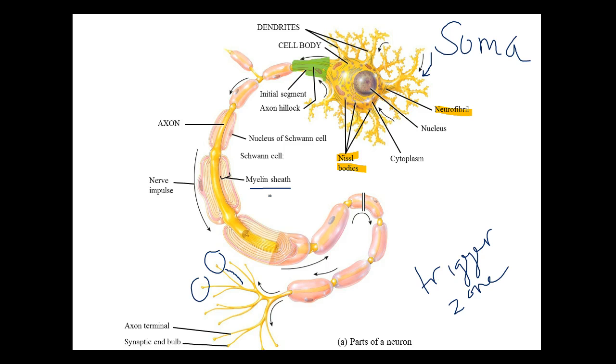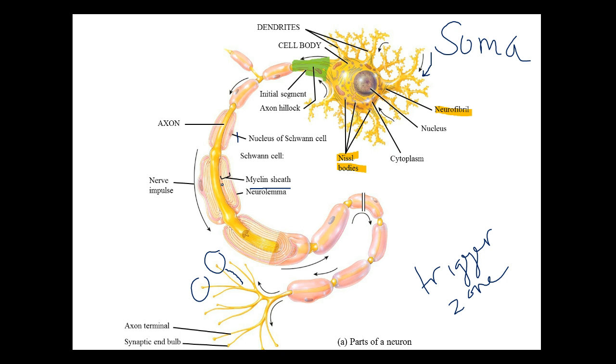Now, since it's a cell, it's going to have a nucleus, as you can see right here, and it's going to have its own plasma membrane, which we call the neurolemma. So if you remember when we talked about the muscle cells, they had sarcolemmas. Well, Schwann cells are going to have neurolemmas.